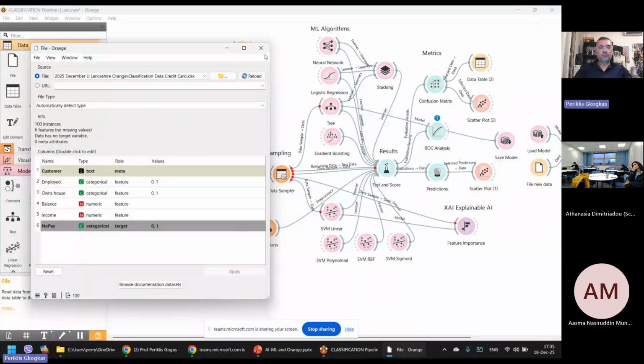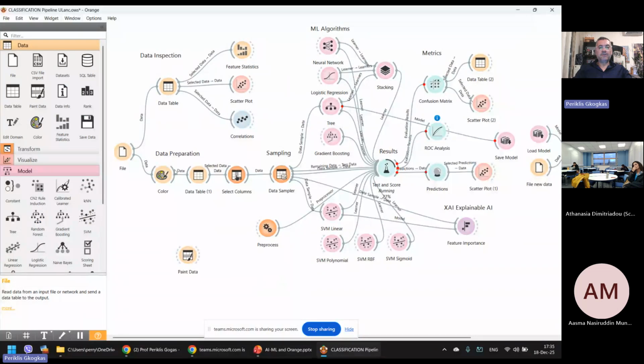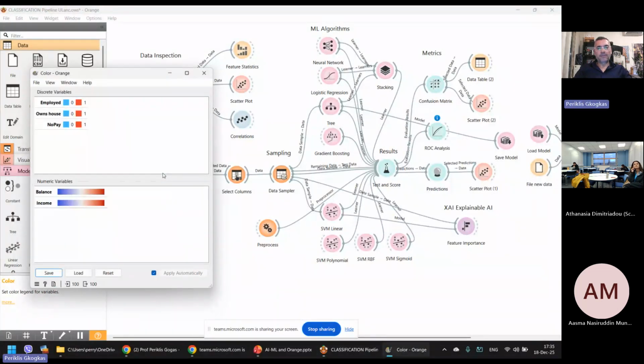I press apply to load this data. You see that dynamically now Orange has started already training the models, but we are going to go step by step. First of all, after we upload our data, I always use the color node, and this node is important because, as you can see here, we can color our observations for categorical variables like this.